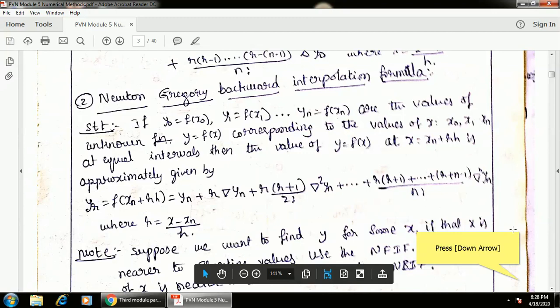Then the value of y equal to f of x at x is equal to xn plus rh. There it was x0 plus rh; here xn. xn means end value, x0 means starting value.